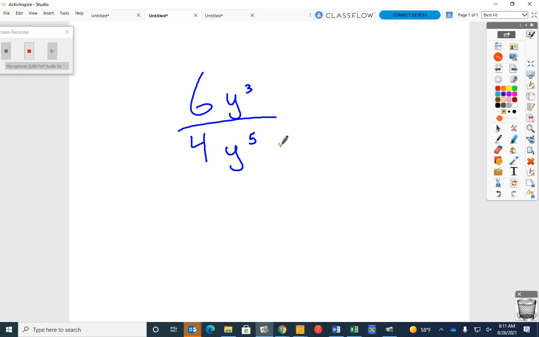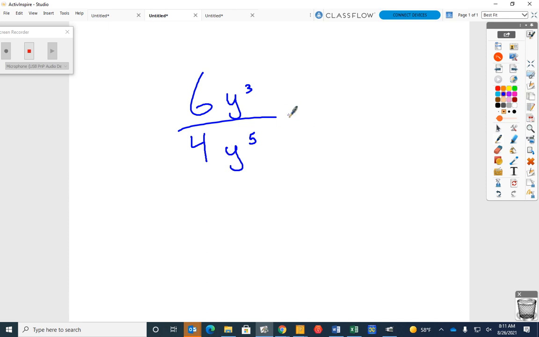Okay, raise your hand when you get an answer for this one. Okay, what's different about this one? What do you notice about the 6 over 4? Is that something I can simplify? Can I simplify 6 over 4?